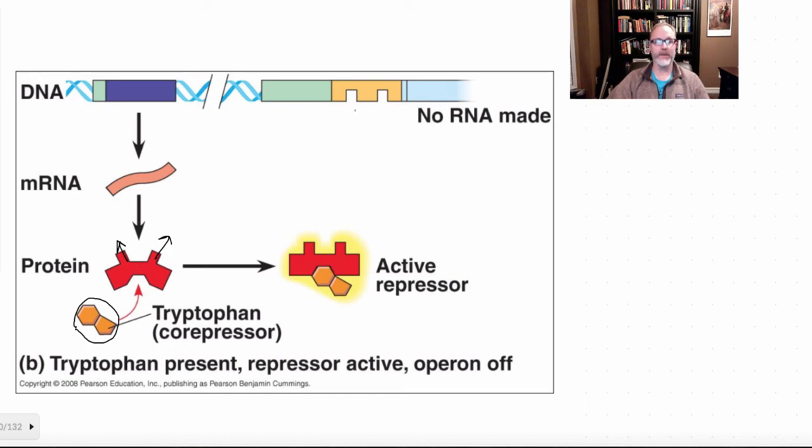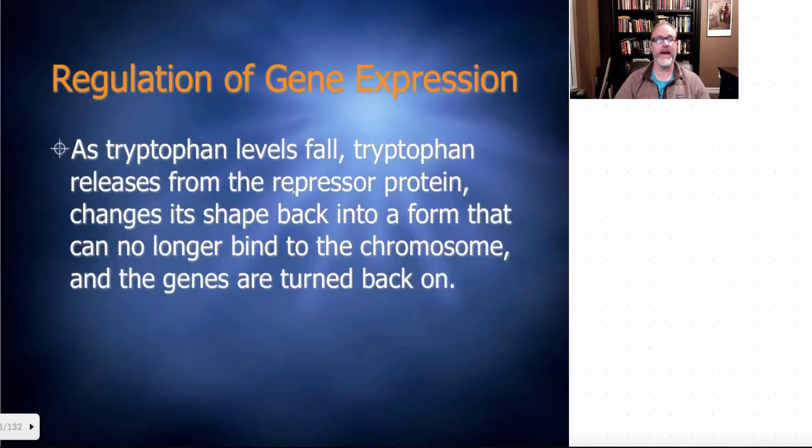It's not in a shape that's going to be able to bind, but as soon as tryptophan is present, we're going to be able to slide it in there, and it's going to block access to these particular genes over here, and we're not going to manufacture any of the tryptophan because it's already present in high amounts. And then when it starts to get used up, it's going to drop off, and then we're going to be able to manufacture more of it.